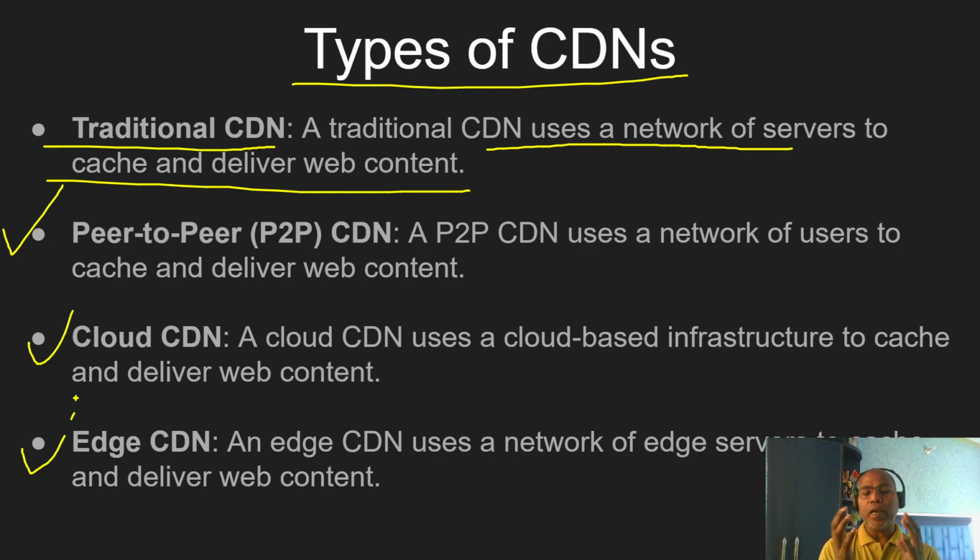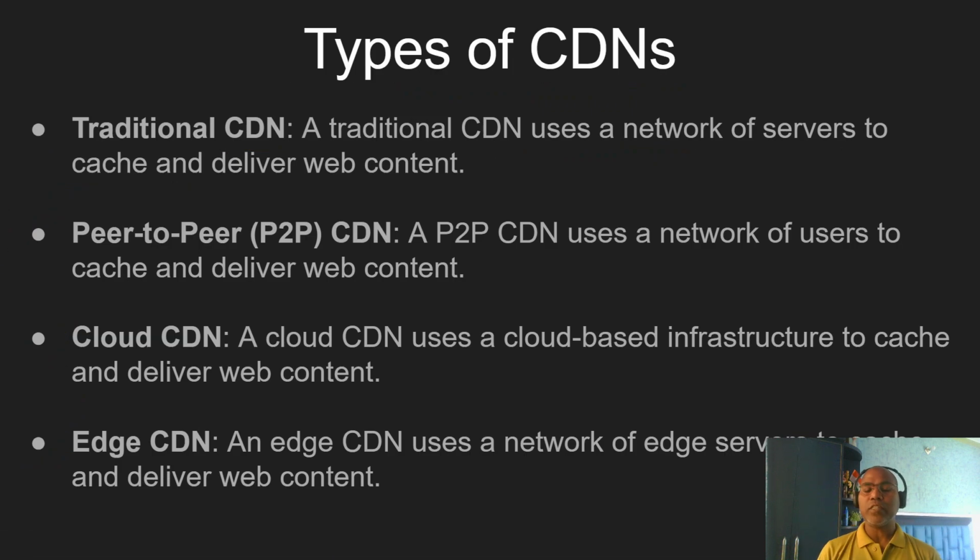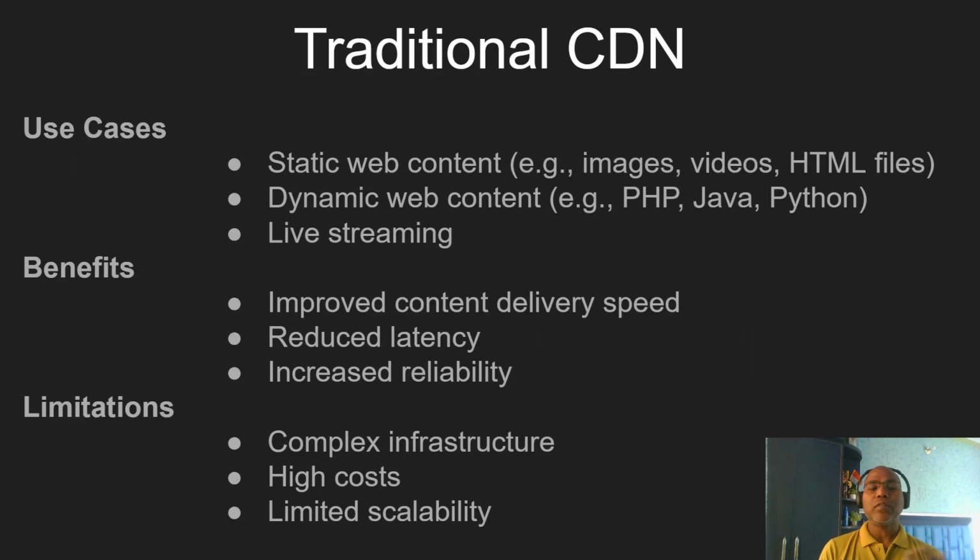Edge computing is also used to offer CDN services, which means content is delivered from the nearest locations. For each of these types, traditional, peer-to-peer, cloud, and edge, everyone has lots of use cases, benefits, and technology limitations.